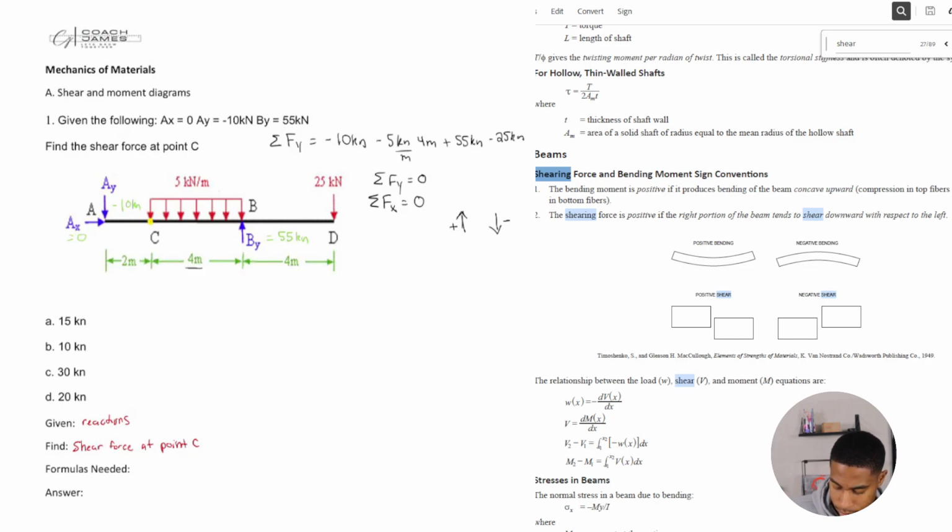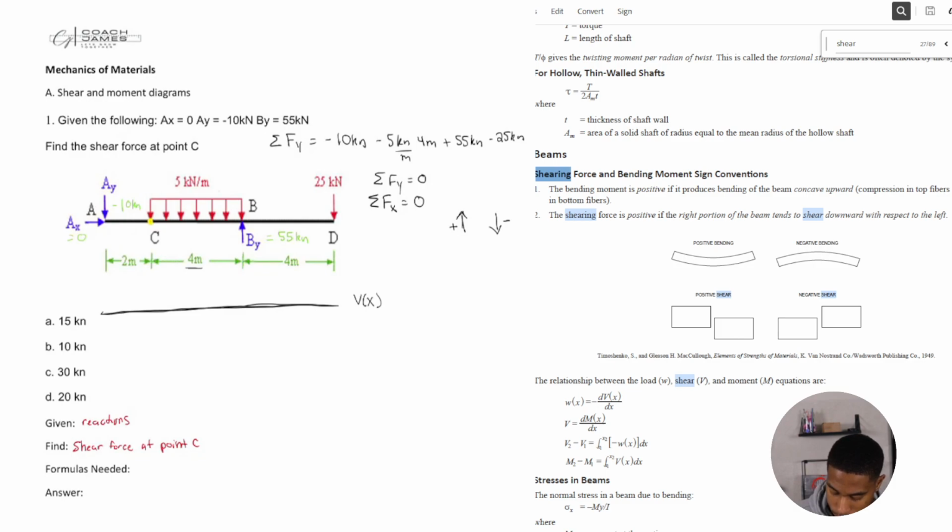Okay, positive shear, and this is negative shear. Similar to a force, right? If it's coming down, we treat it as negative. If it's going up, treat it as positive. All right, so we're going to draw a shear diagram, and the shear diagram is where you redraw the beam, and this black line that I'm drawing is the shear along the X direction.